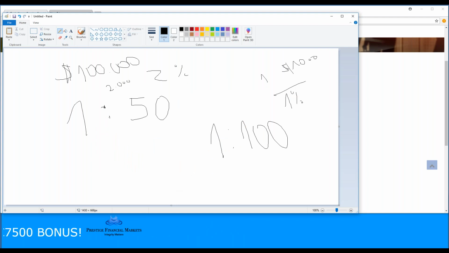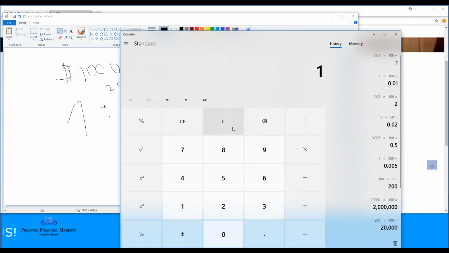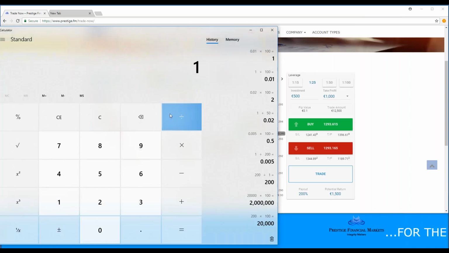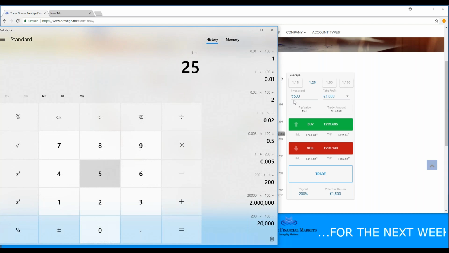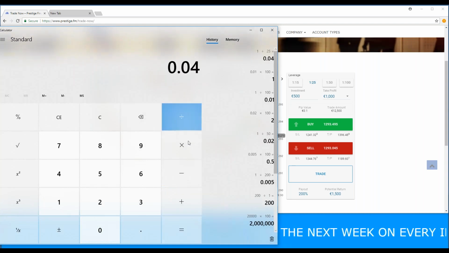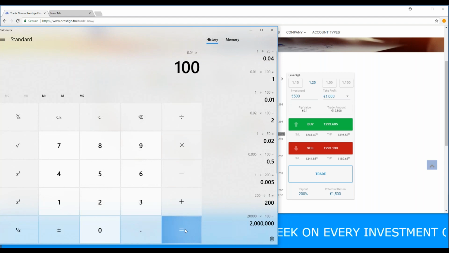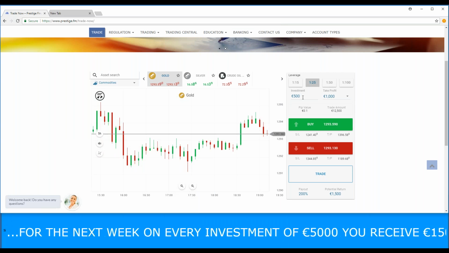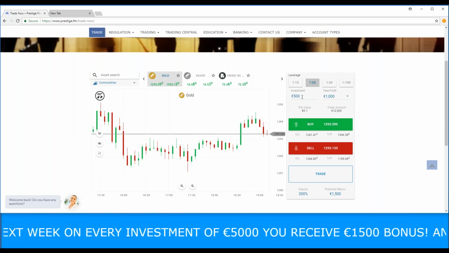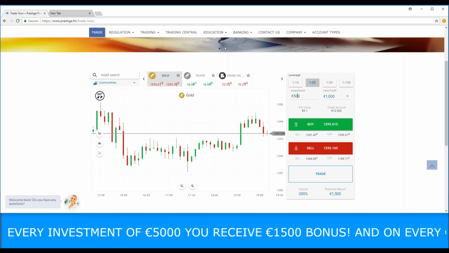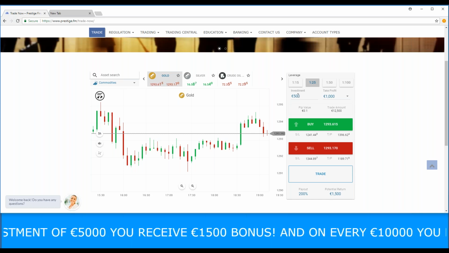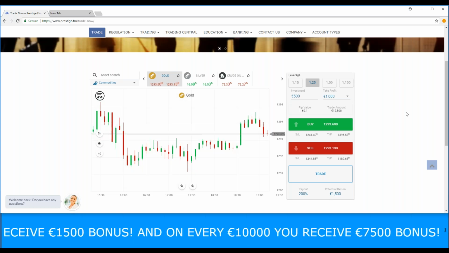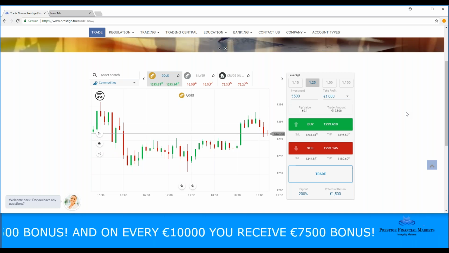You can do a simple calculation: 1 divided by 25, like the leverage says, and multiply that by 100, so you get a percentage of 4. So for this leverage and this investment, you just need 4% of this investment to be on your account. All the rest of the money you can trade. Basically, you can trade a bigger amount than you have on your account.